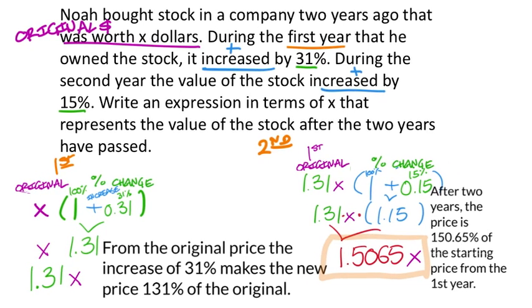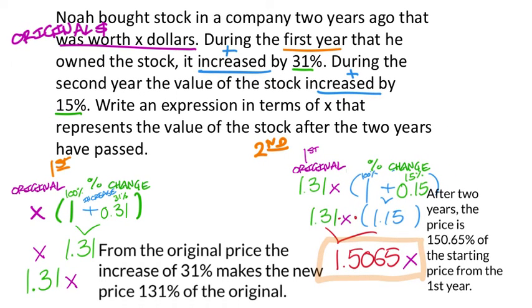Now, just as a quick aside on this one, the shortcut is kind of like what we would do with repeated multiplication, right? So we took the original and multiplied it by this percent change, and then we multiplied it by this percent change. So what you can do is take the original, which is just x, like we've seen. And then you can take the percent change for year one, which we know, just because we did it already, is 1.31, 131% of the original.